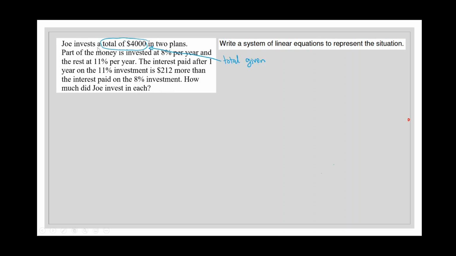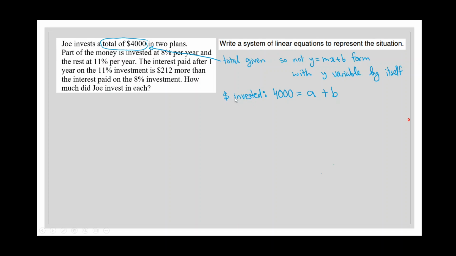So because we're given the total, usually total will be like y equals, so you can't have y as a variable by itself because we already know what that is. It's 4,000, so it cannot be the variable. So we're going to create one equation to represent everything about the money invested. So that's not the interest earned or anything like that.